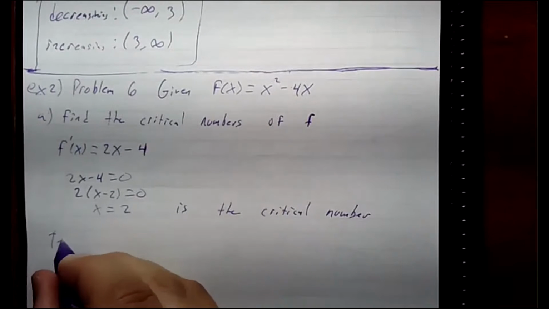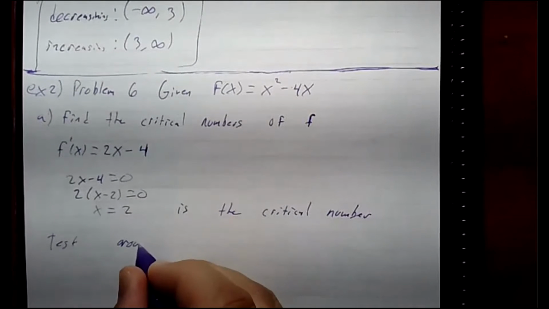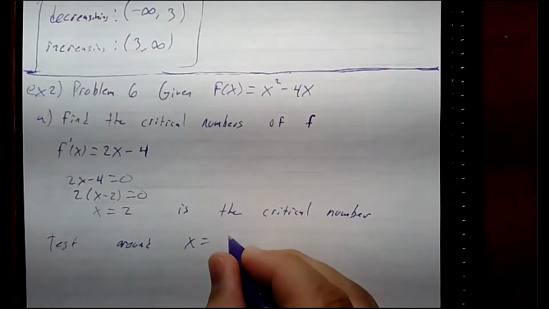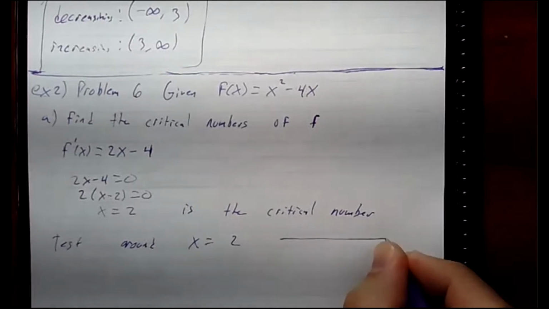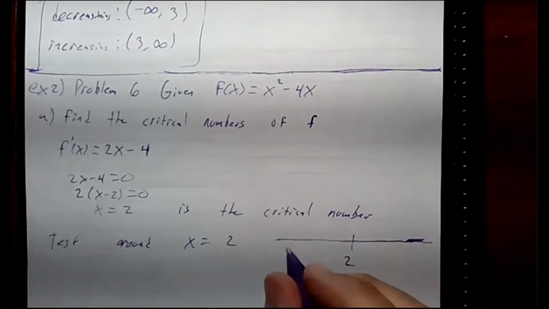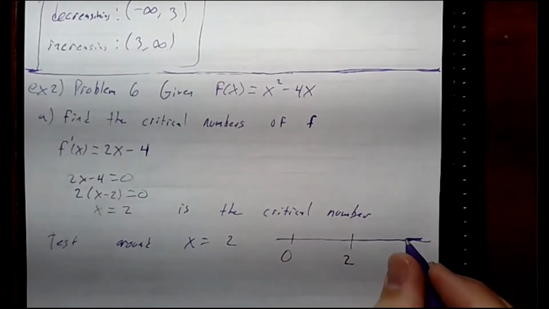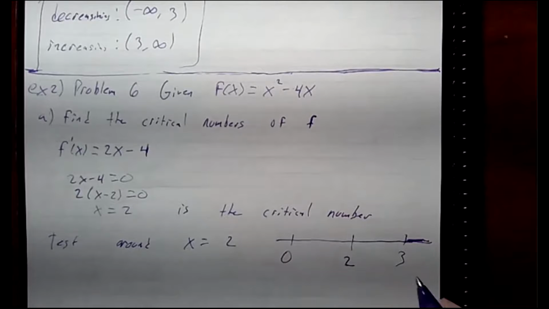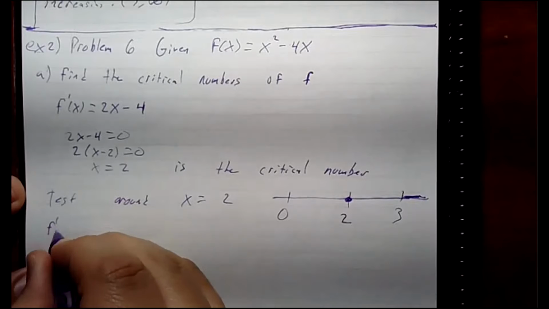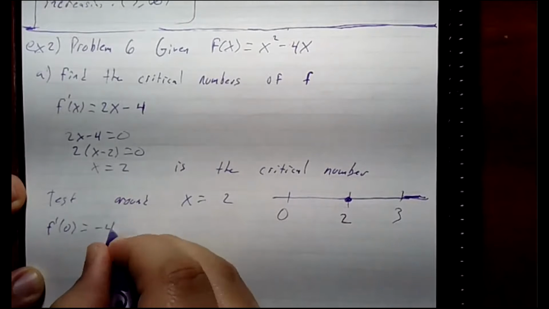So let's start testing. Test around x equal to 2. Pick any number you want. I always recommend 0 if it's an option, because it's easy. So the derivative at 0 is negative.